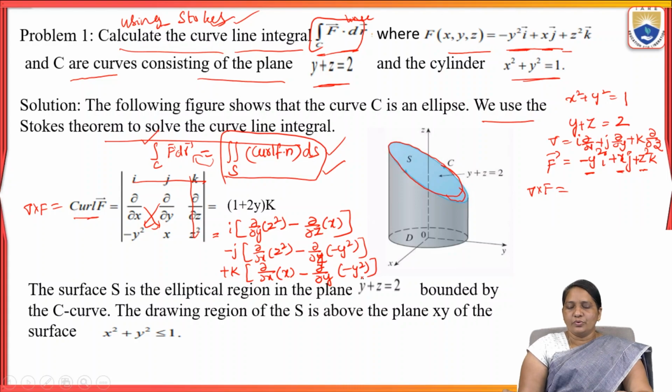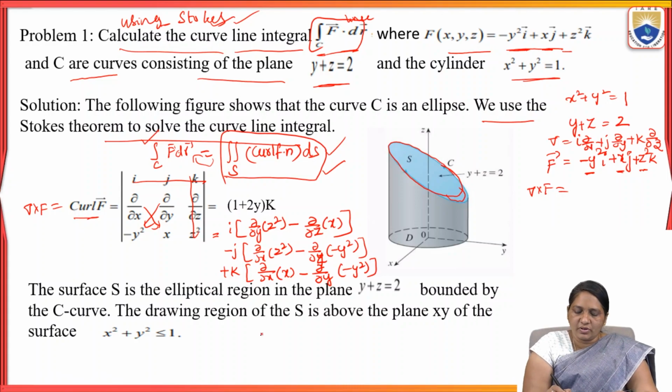When you are calculating this value, we can observe i into del by del y of z squared, that is 0. Minus del by del z of x: we are differentiating with respect to z for x, so this is a constant, this is also 0. So the first term value is 0.